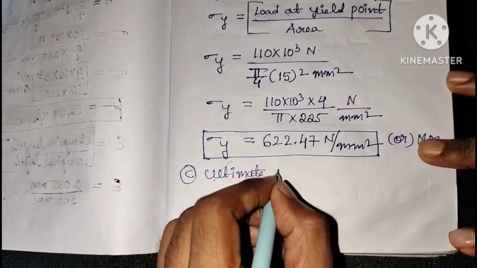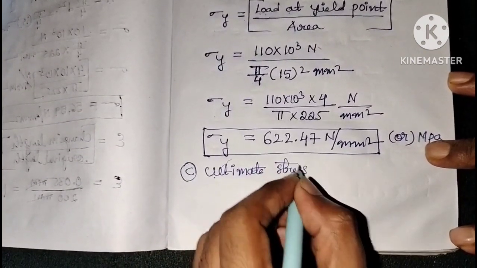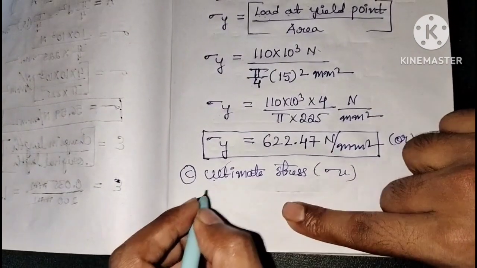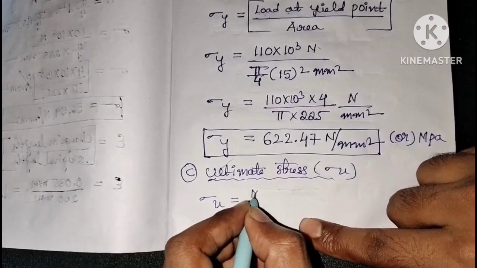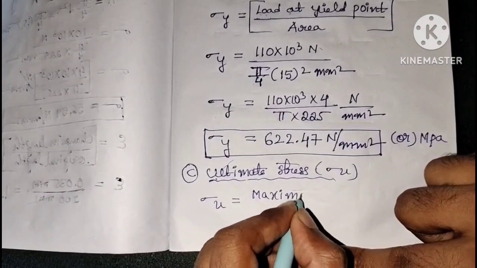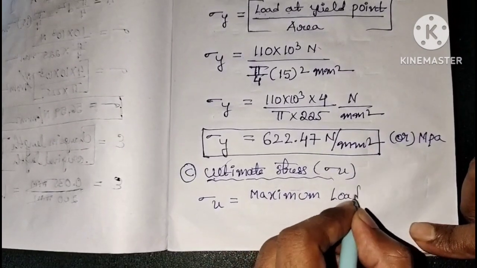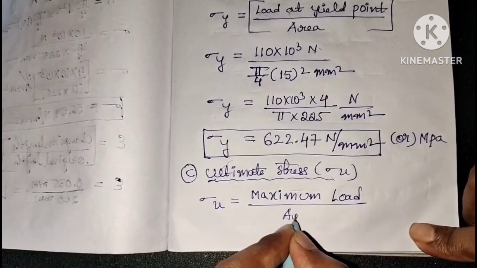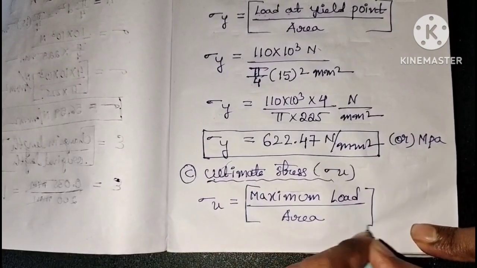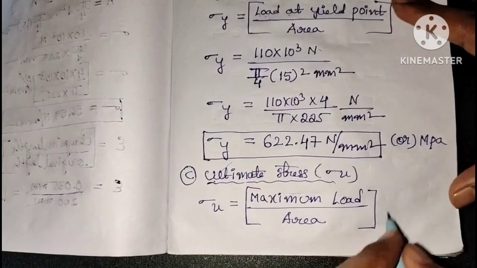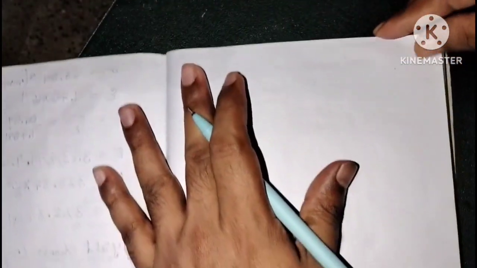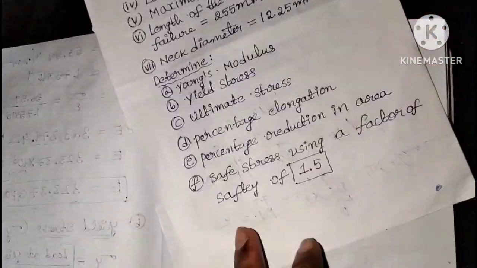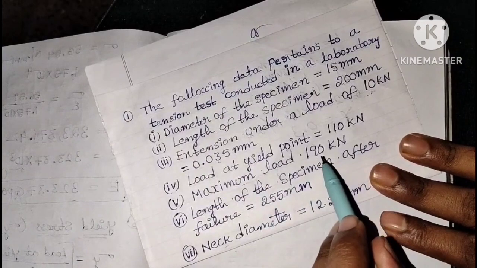Ultimate stress is denoted by sigma u. So what is the formula for ultimate stress? Ultimate stress is equal to maximum load by area, or ultimate load by area. So here, how much is the maximum load given? Here the maximum load is equal to 190 kilonewton.